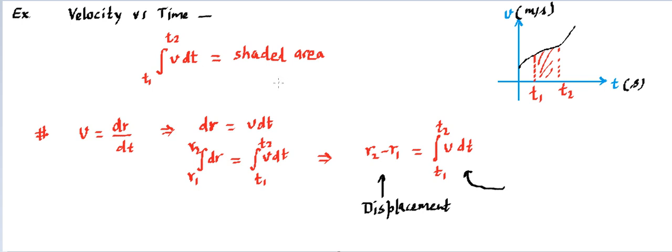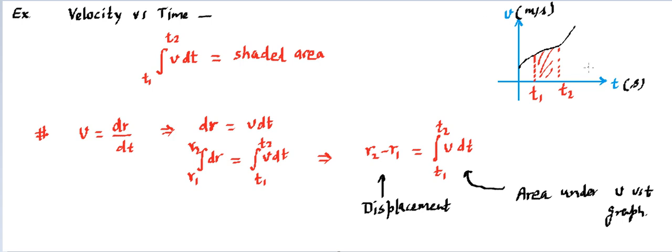So that means this displacement is going to be equal to the area under the velocity versus time graph or curve. Now that becomes an important rule, and that will make you ready for equations in the examination. From here we can conclude that the displacement of any particle is equal to the area under the v versus t graph if the velocity versus t graph is given to us.